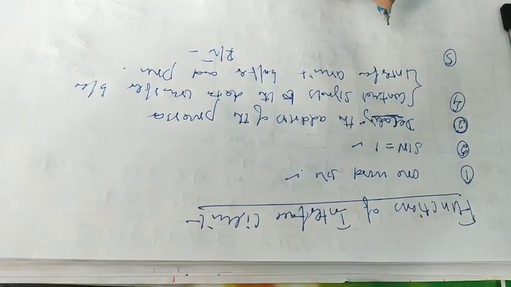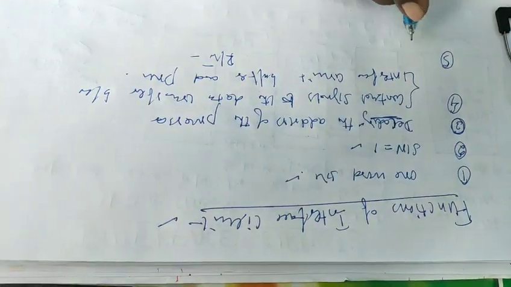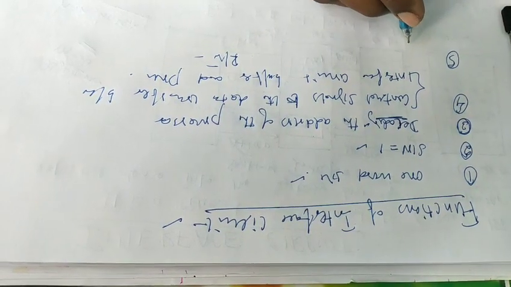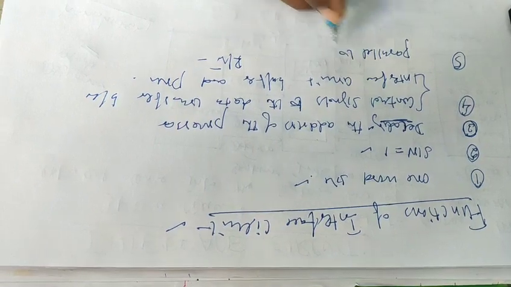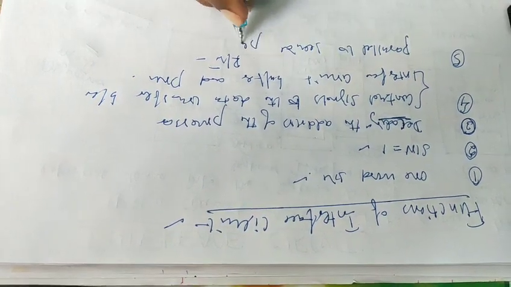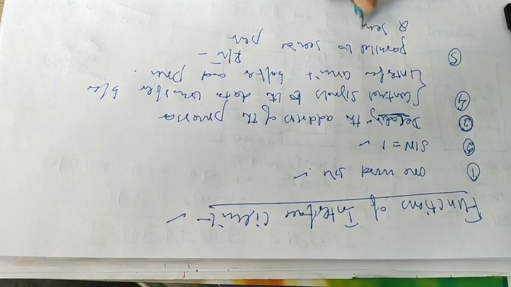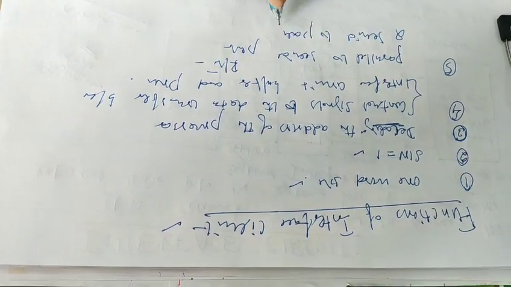The fifth function of the interface circuit is that it can perform the conversion from parallel to serial port and serial to parallel port.